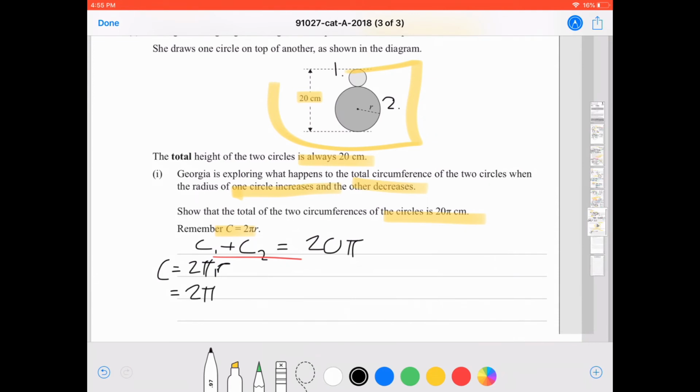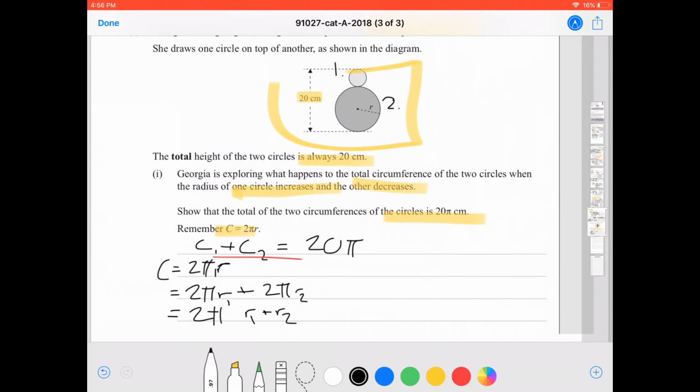Now we have to find a way to denote the radius of each circle. So 2 pi r, let's say 1 because that's circle 1, plus 2 pi r2. Okay, and now we can factor out 2 pi because that's a common factor, 2 pi, and we're left with r1 plus r2.